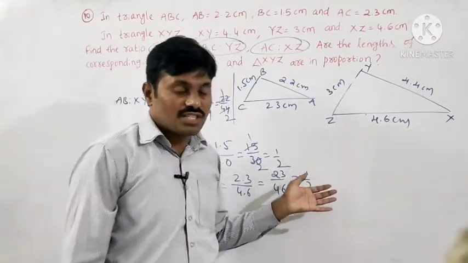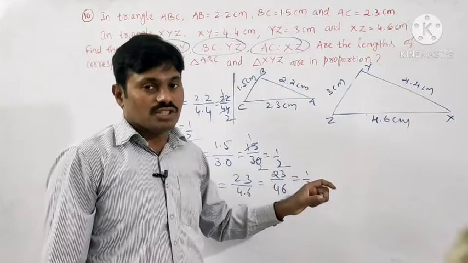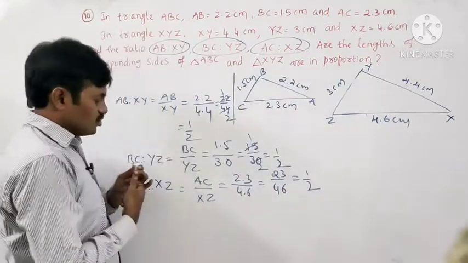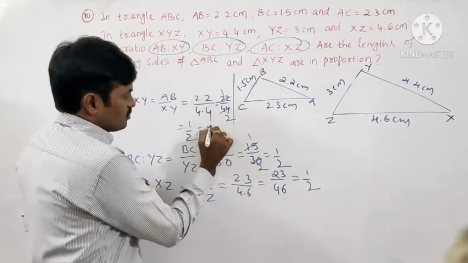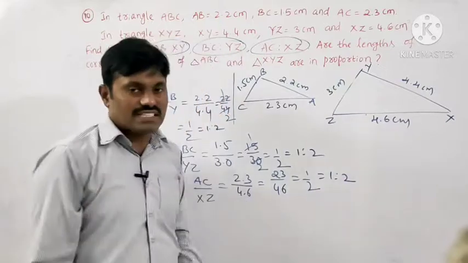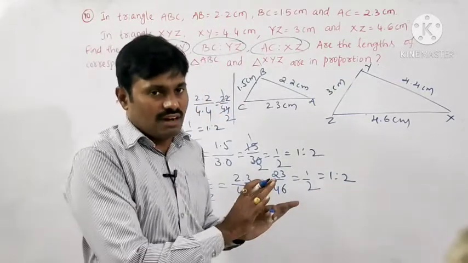So the corresponding sides are in the same ratio, that means 1:2. 1 by 2 means 1 is to 2. So these are all in the same ratio.